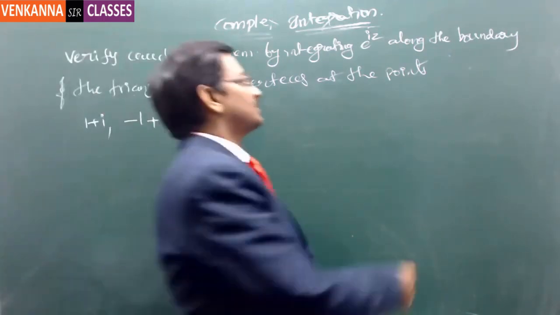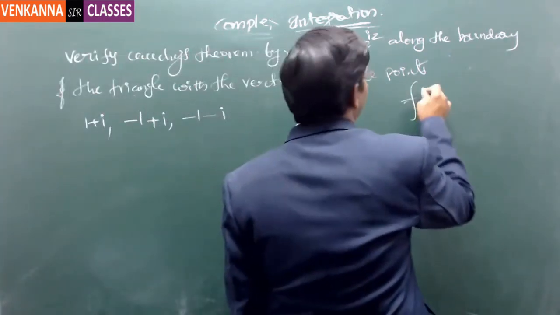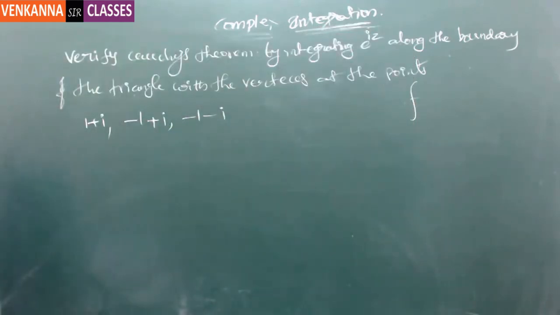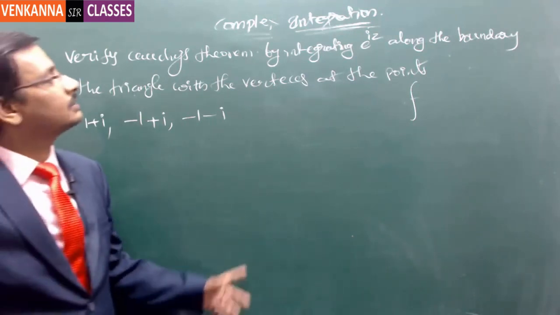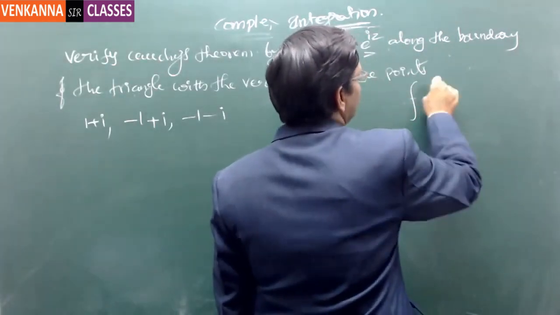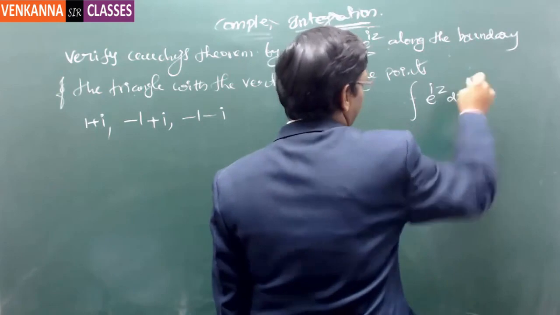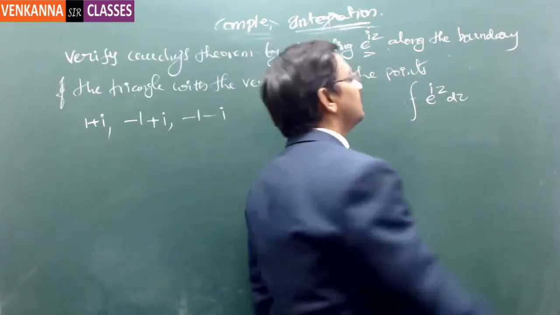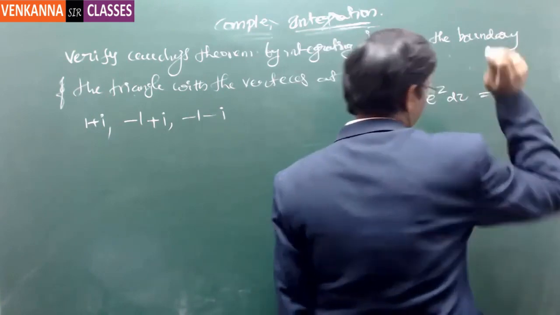What Cauchy's theorem states is, for the function e power iz, the integral of e power iz dz, right? If this function is analytic, then this integral value comes out to be 0.